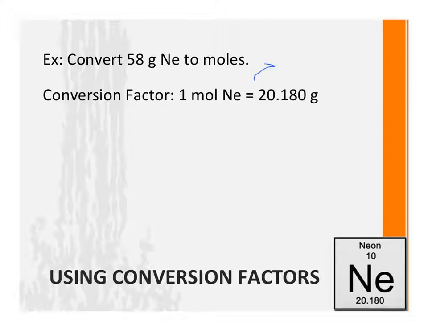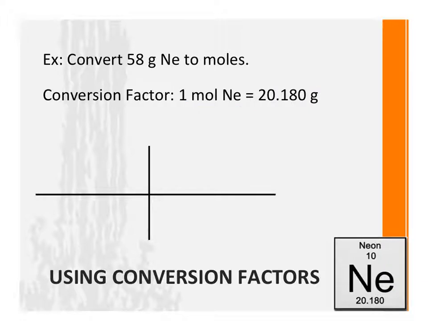Hopefully, you can recognize this as the molar mass of neon. So when it asks us to convert 58 grams of neon to moles, we can hopefully recognize that we need to look at the periodic table and at the atomic mass of the element, because the atomic mass is equivalent numerically to the mass of 1 mole of that substance.